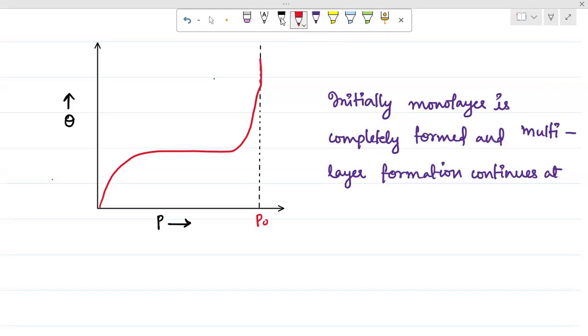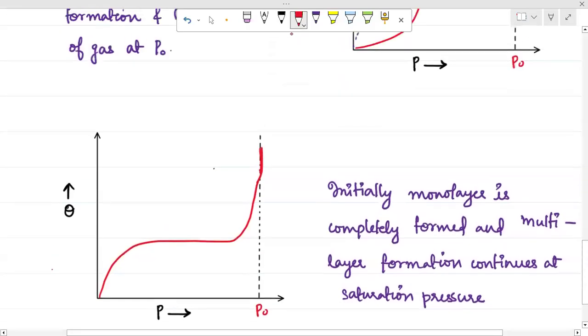Multilayer formation continues at saturation pressure. That is, even after liquefaction, there is adsorption happening. How can we understand that? Because the trend of the line, see, it is increasing even at P0.